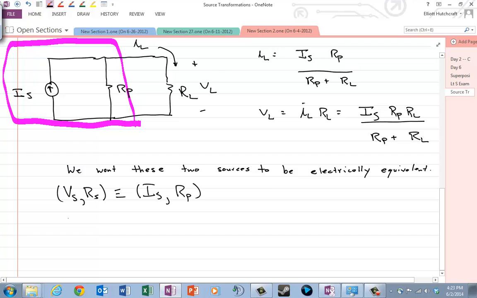And maybe I should be careful, that should be really V source. I'm going to erase that, but that's what we're really saying we want here.